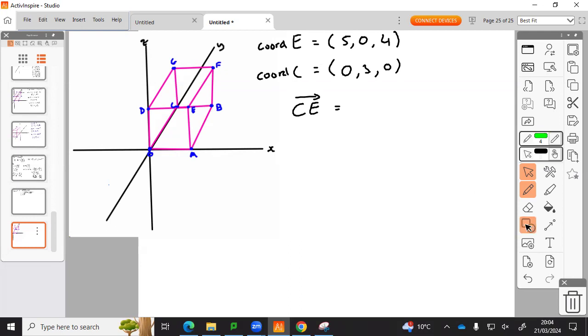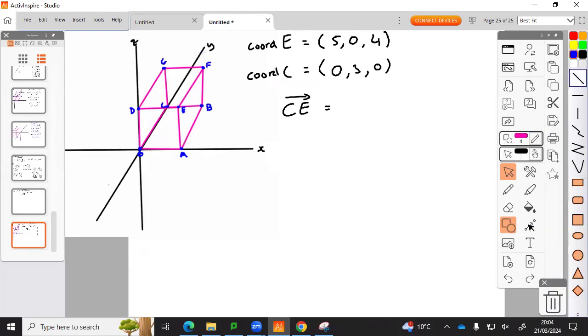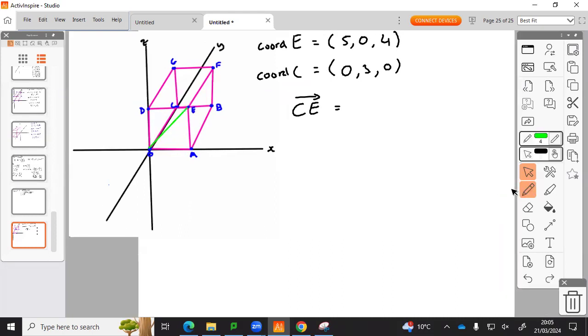Okay, that's maybe quite difficult to draw yourself, but essentially what I'm saying is from my origin to E, I've travelled along my x-axis 5, I've gone up my z-axis by 4, but I've not done anything in the y-axis. Okay, so I've described that journey.